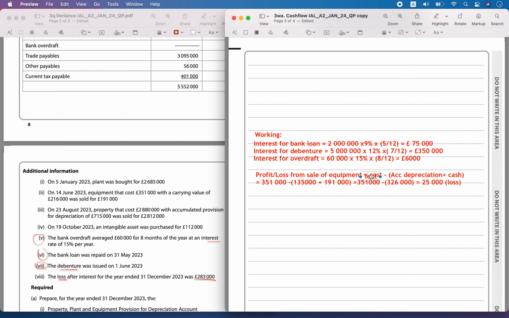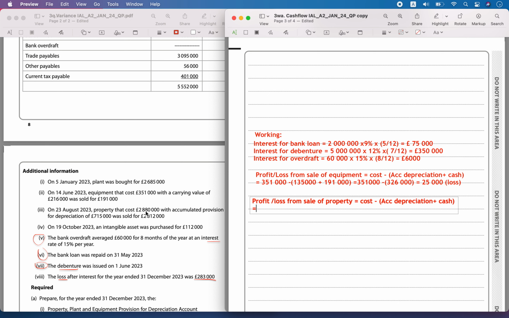Then we have to calculate the profit or loss from the sale of a property. Again we have the cost minus accumulated depreciation plus the cash. This formula we will use.